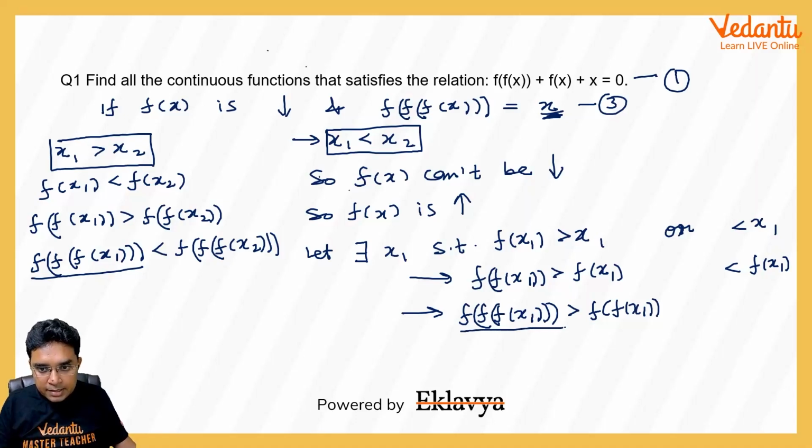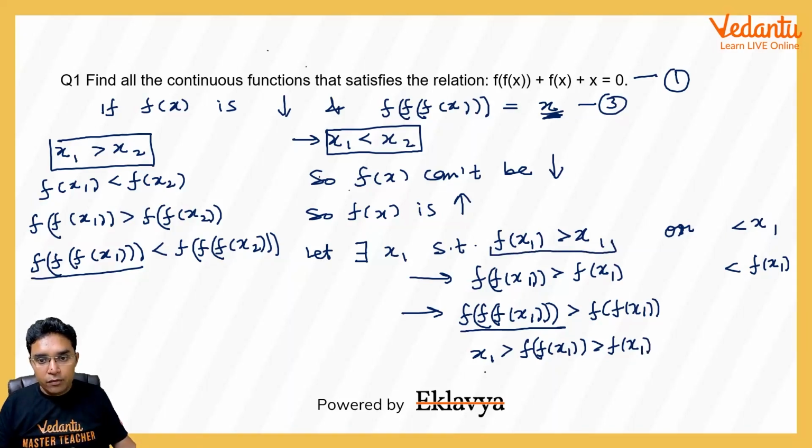And this thing is nothing but x1, so it will be greater than f of x1. So what we started with, you can again see we got a contradiction. We started with f of x1 is greater than x1, but we got x1 greater than f of x1. That means f(x1) greater than x1 is not possible.